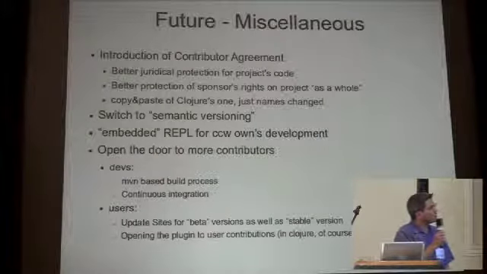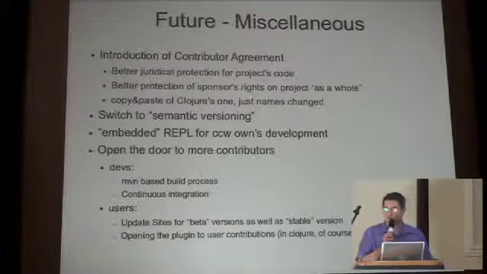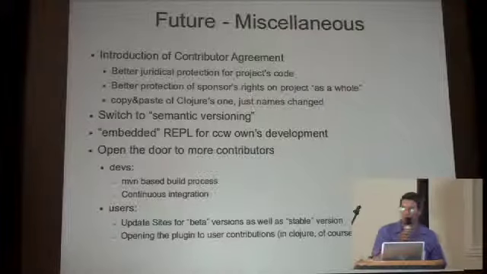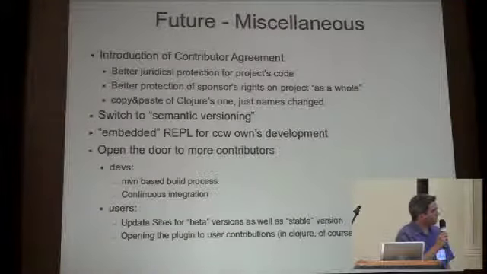I will base something on what Rich has done for Clojure. So I intend to just copy and paste the Clojure contributor agreement and switch the names. So that's in the pipe.